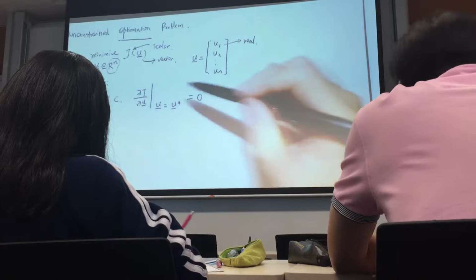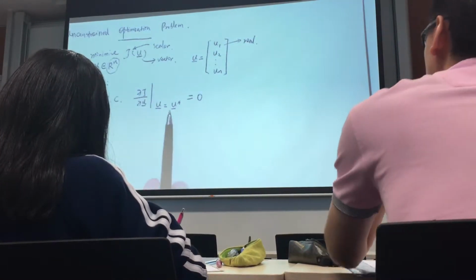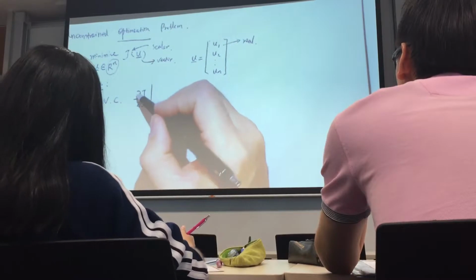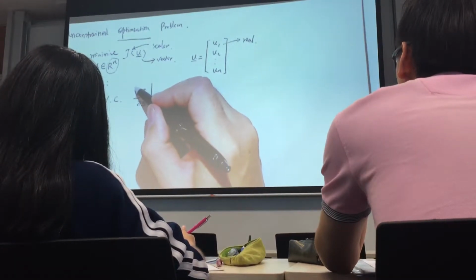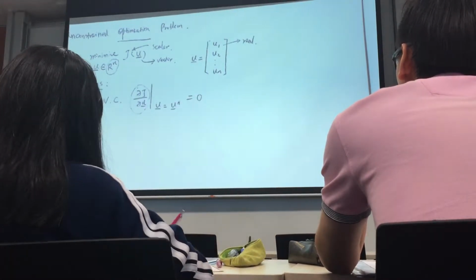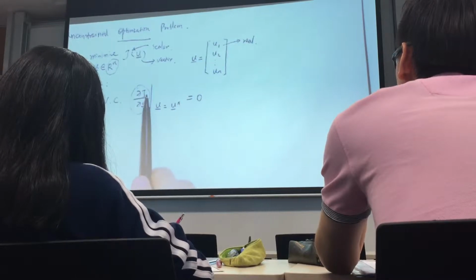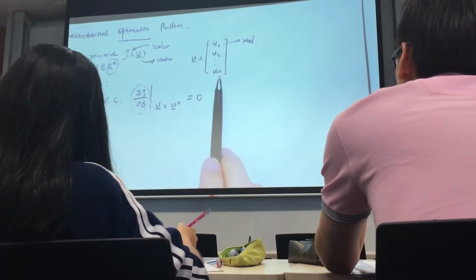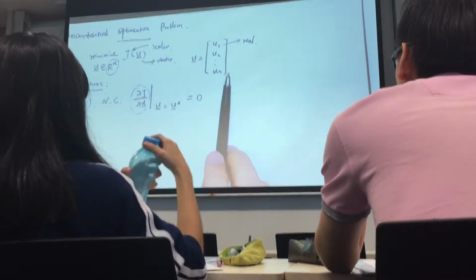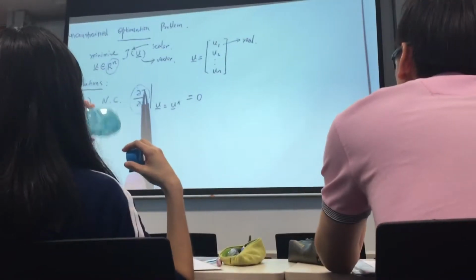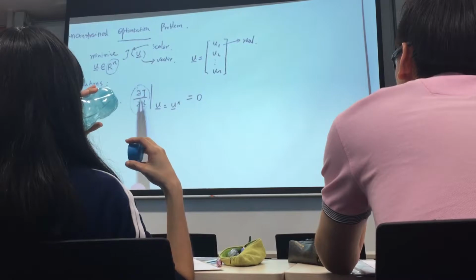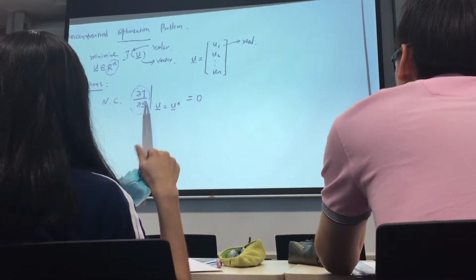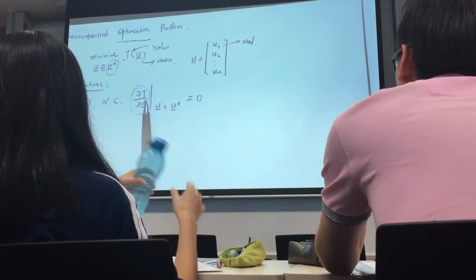In this equation, I want to emphasize two points. The first point is how to evaluate this dJ/du. We know that J is a function of u1 up to un. And here we evaluate the derivative of a scalar in terms of a vector.